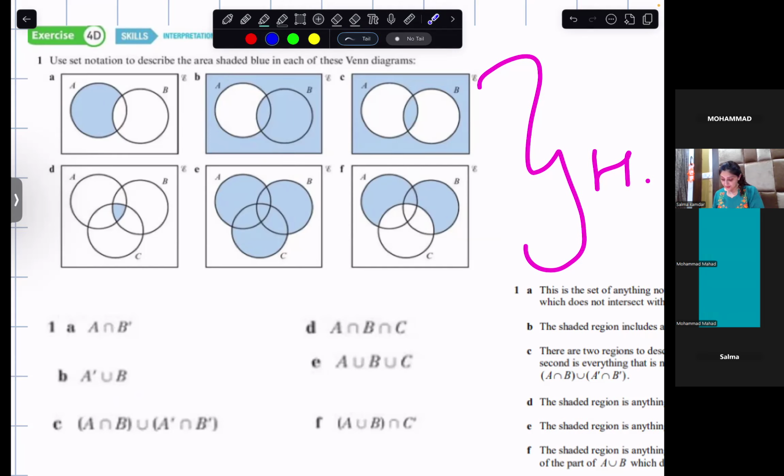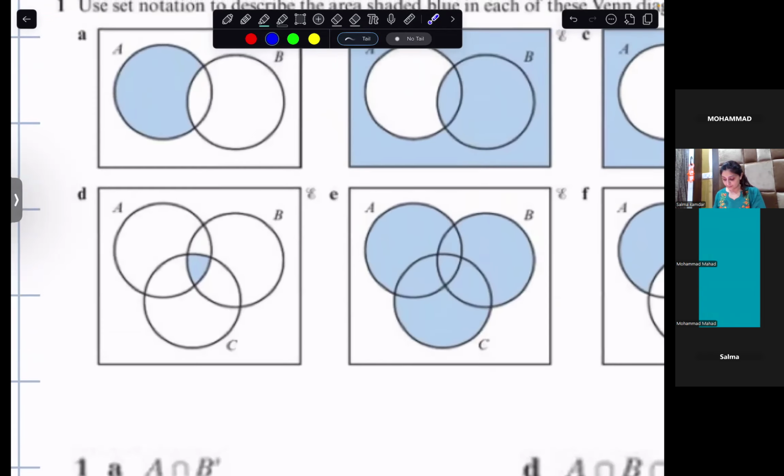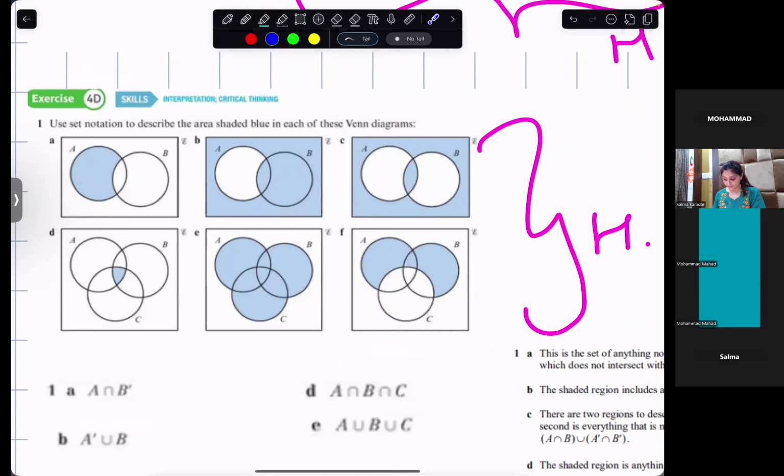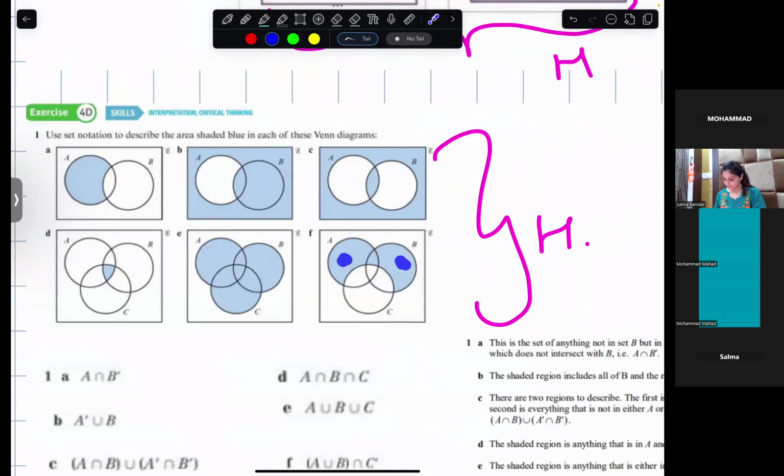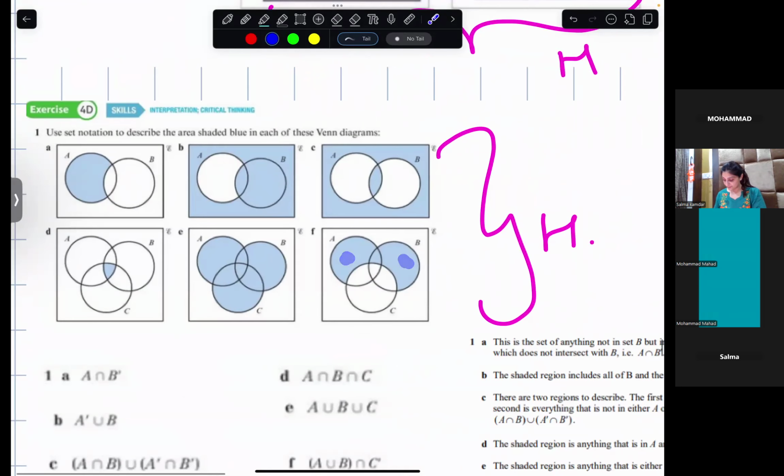Then this is done. This one is going to be A intersection B intersection C. This one is A union B union C. This one is A union B intersection C not.